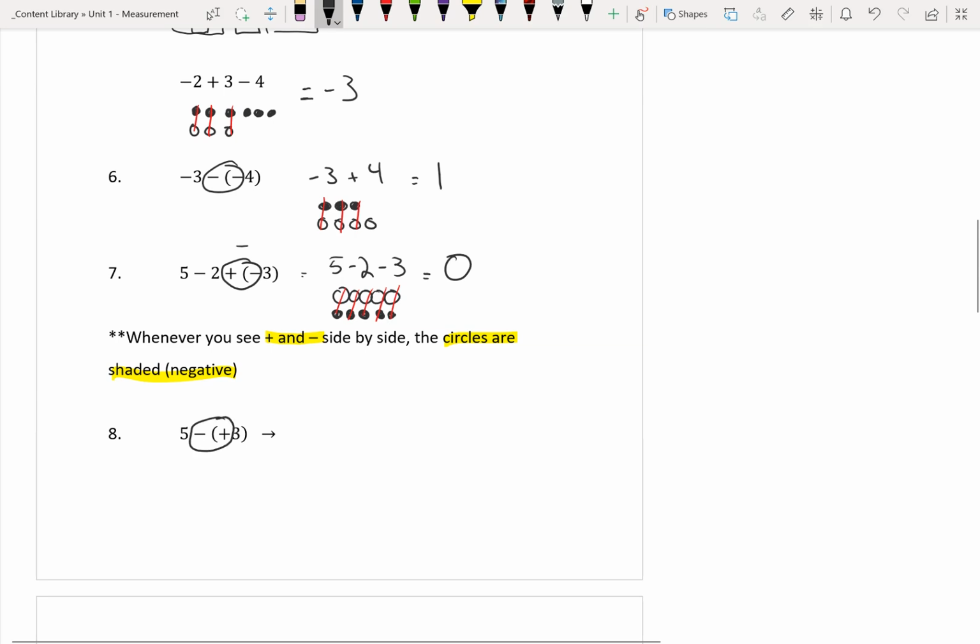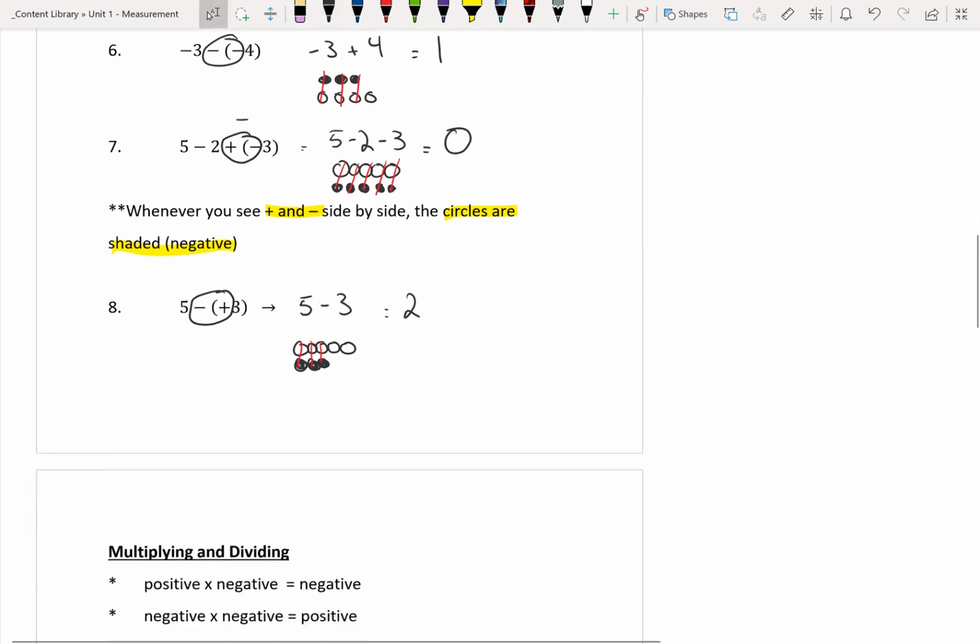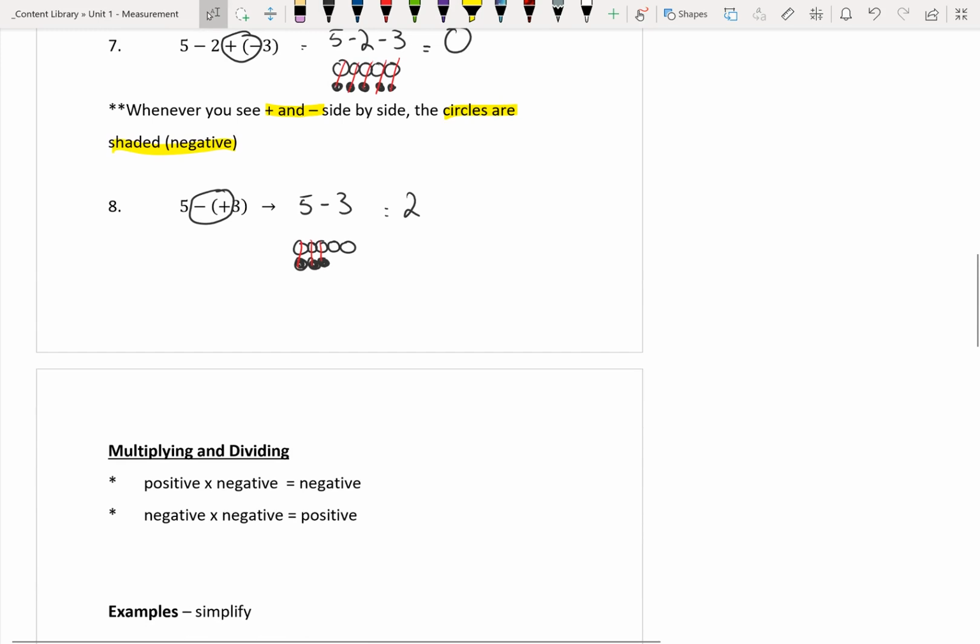So that means that this becomes 5 minus 3, which means I'll have positive 5, so 5 white circles, negative 3, 3 filled in circles, and make your 0 pairs. And that becomes, count what's left over, positive 2. So that's adding and subtracting positive and negative integers.